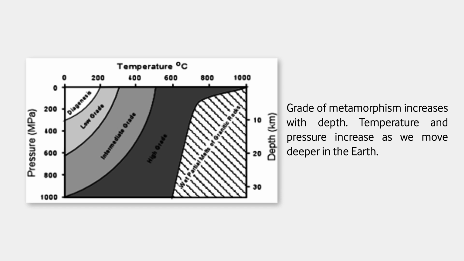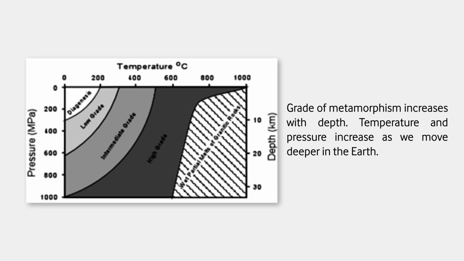See here on the left hand side, I have shown pressure, and different temperatures are shown at the top of this diagram, increasing from left to right from 0 to 1000 degrees. First is diagenesis, then comes low grade metamorphism, then intermediate grade metamorphism, and high grade metamorphism is shown with dark grey color.